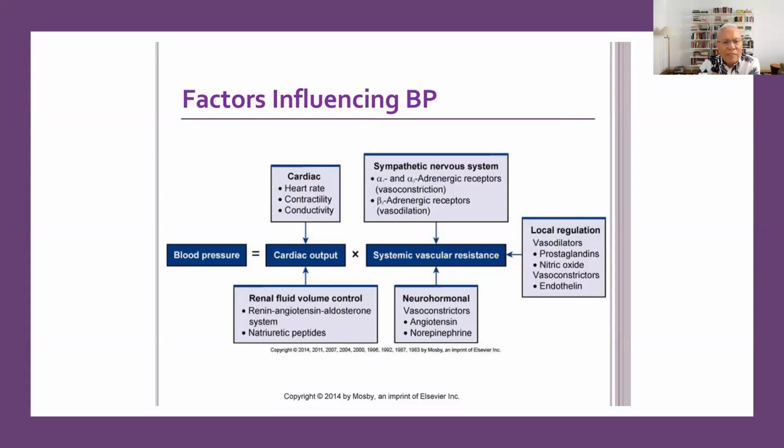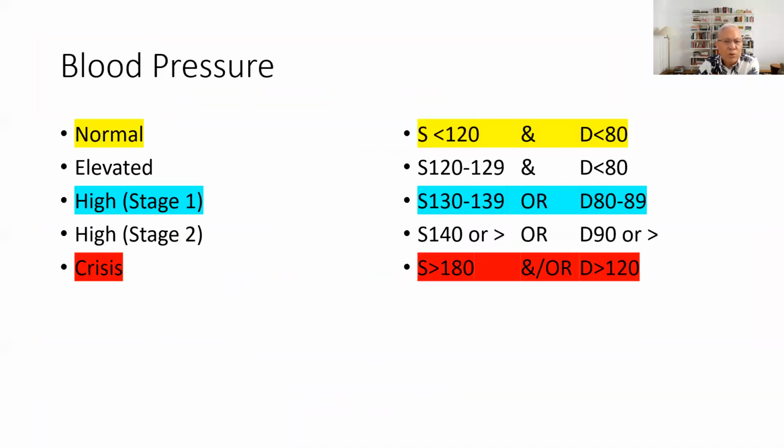And I think that one of the confusions that arises nowadays is that nurses still have not adapted to or become familiar with the new standards as far as normal blood pressure is concerned. As you can see, the normal blood pressure, according to the 2017 definition, is a systolic of less than 120 and a diastolic of less than 80.